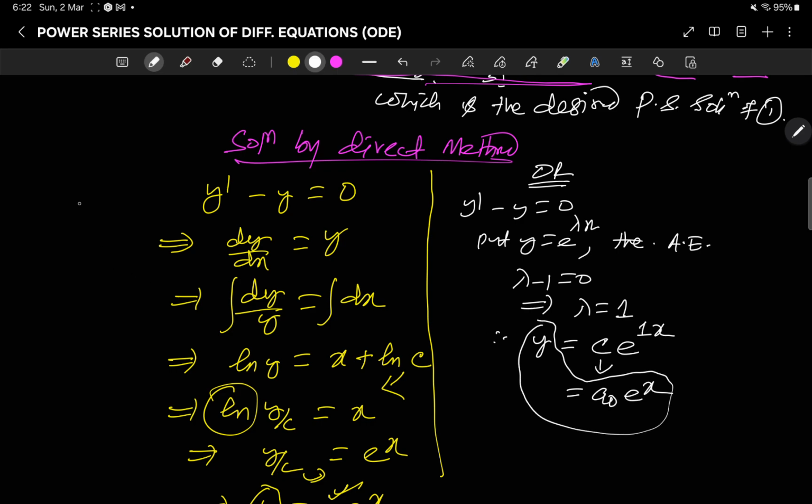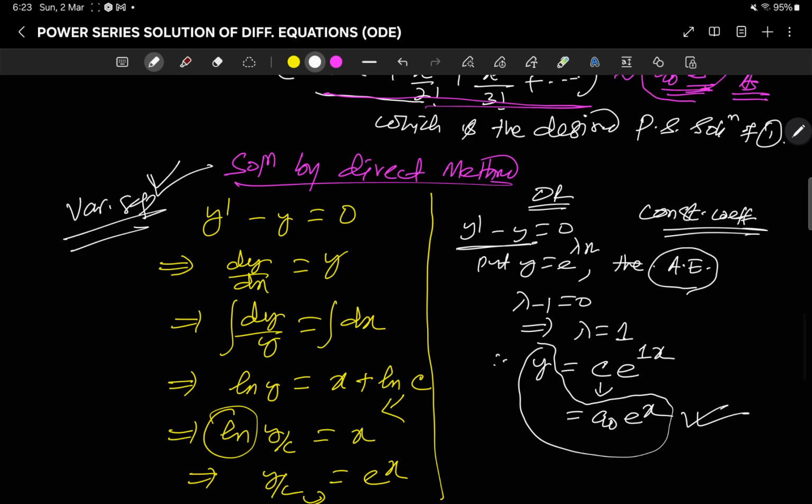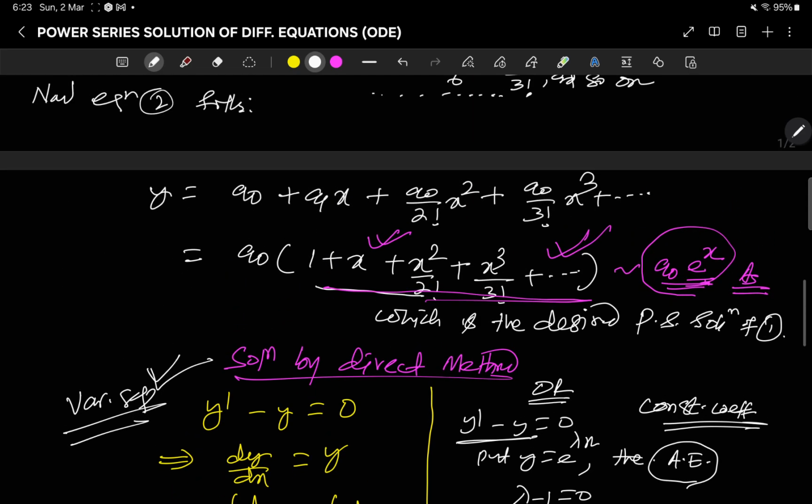So by the variable separation method I am getting a solution. By the constant coefficient technique, considering the auxiliary equation, I am getting a solution, and by power series solution also I am getting the same solution. So what is the advantage of using this power series solution?